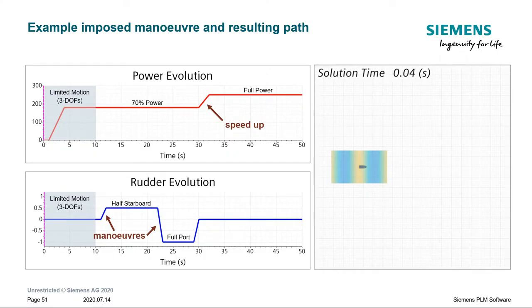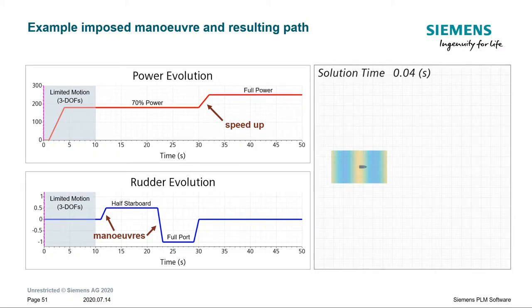So we started to see some results. In the red curves, we see that we first start with providing about 70% of the maximum power of the propeller, and then at around 30 seconds we speed up to full power.